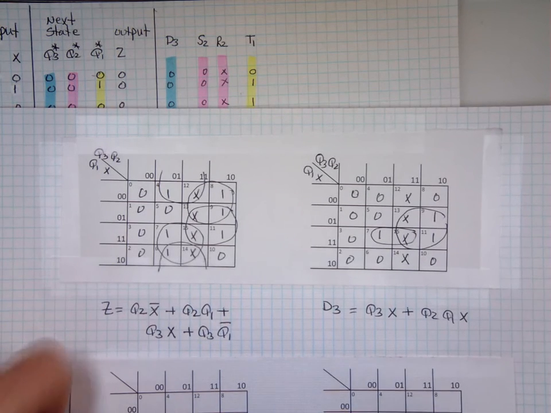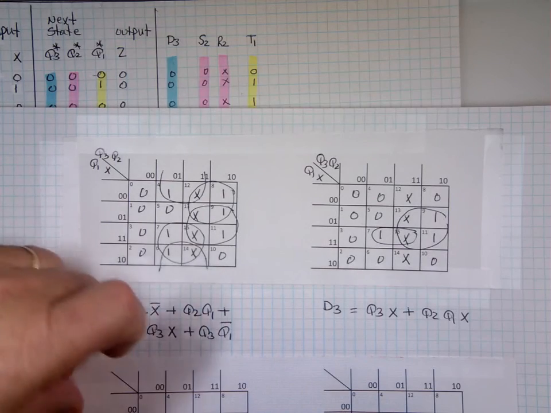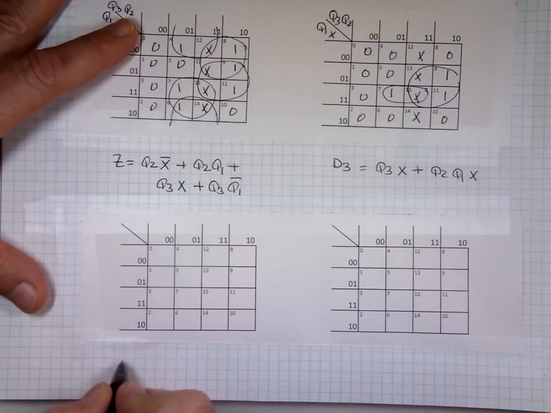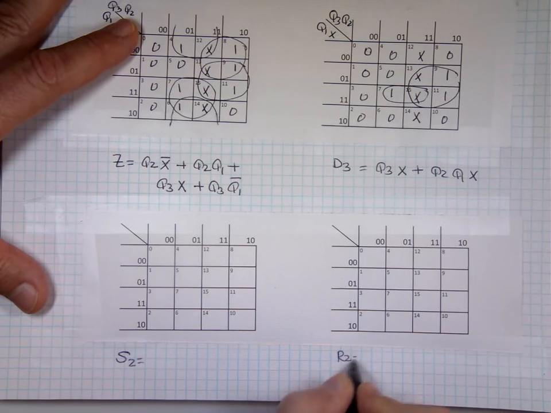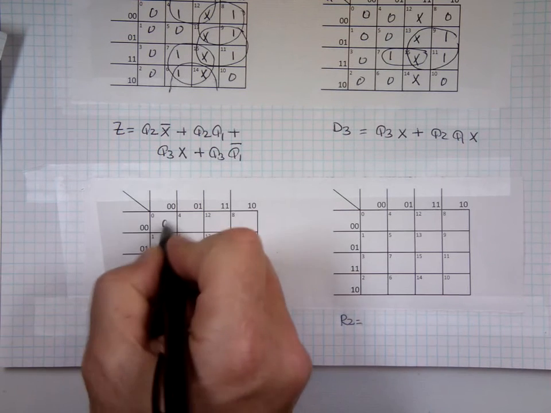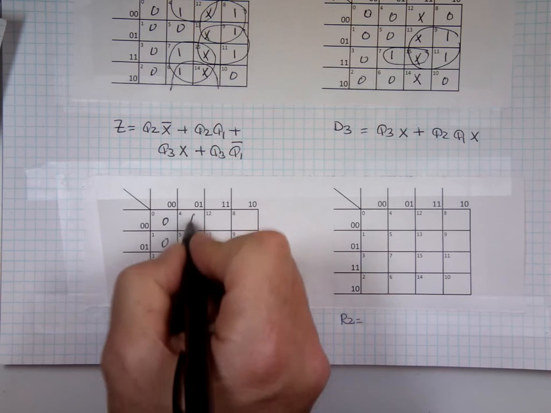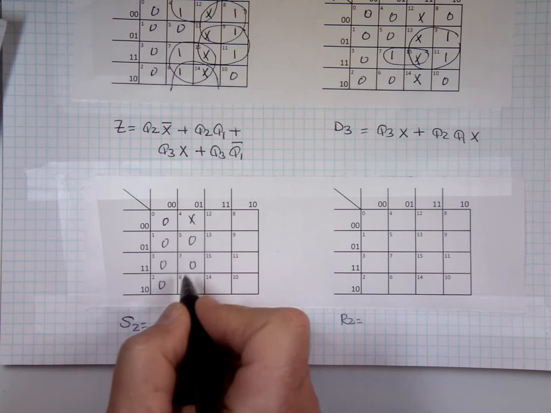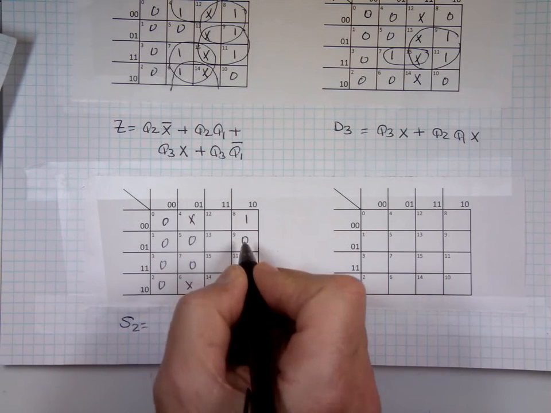I think I'll be okay when I scan them. Okay, so this is S2 and R2. Let's see what we have. I have 0, 0, 0, 0. Don't care 0, don't care 0. 1, 0, 0, 0, and don't care.